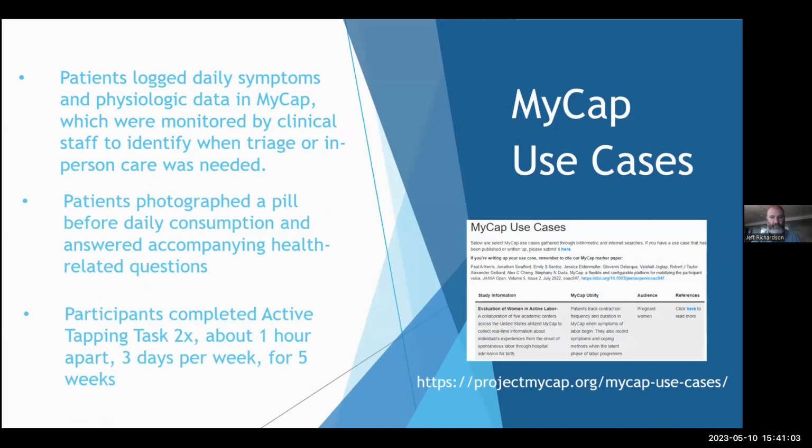And use case three is pretty neat. A Parkinson's disease identification app. Weill Cornell used MyCap to identify Parkinson's in patients from healthy controls by utilizing the tapping active task, which I'll review in a little bit.